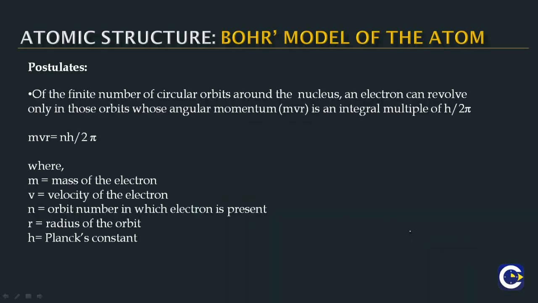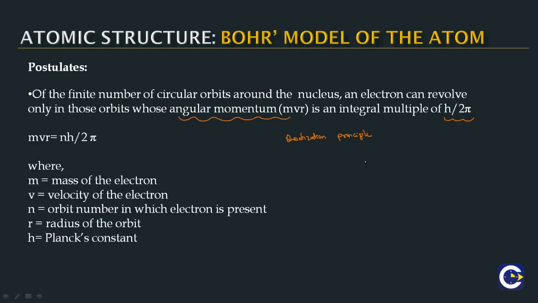Now one of the most important assumptions of Bohr's model is Bohr's quantization principle, where as per this principle electrons cannot take each and every orbit. They will only be able to take those orbits where angular momentum is an integral multiple of h by 2 pi.